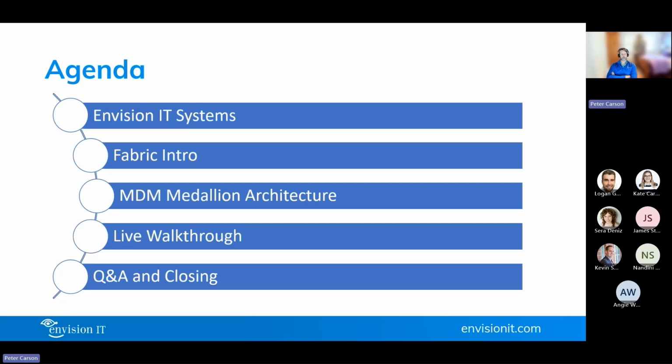We'll touch on Fabric, for those of you that aren't familiar with it, take you through what that looks like. And then dive deeper into the master data management and Medallion architecture. A lot of the time is going to be live walkthrough, so I've got a lot to share and show on the Fabric side, and as we mentioned, Q&A throughout, but also we'll have a look at the chat at the end of the session too.